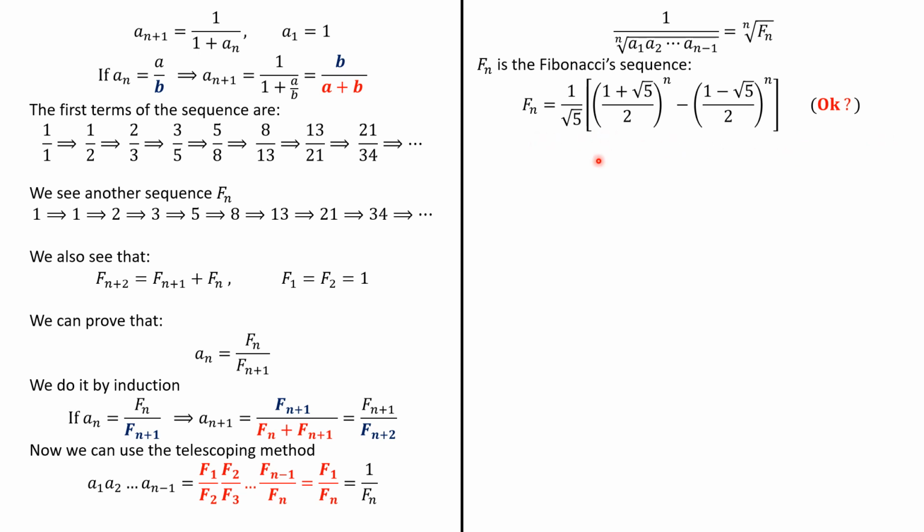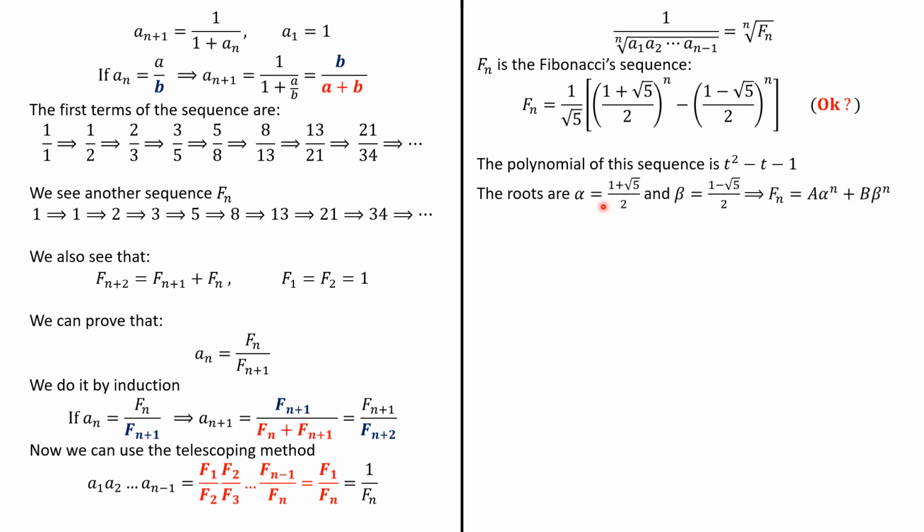Now, look at this linear recurrence relation. We know that the characteristic polynomial of this sequence is t squared minus t minus 1. So it is easy to compute the roots of this polynomial, which are alpha and beta. Alpha here is the golden number.